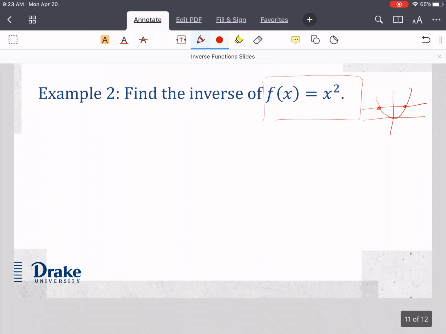So if I were to ask you to restrict the domain, what happens? Generally, the domain of x squared is any value from negative infinity to positive infinity as an input.